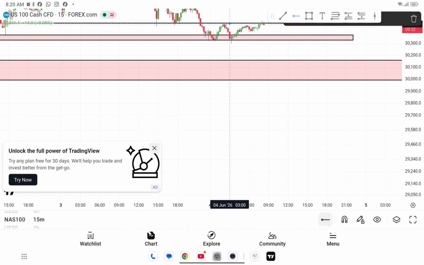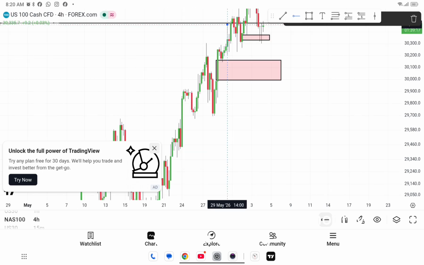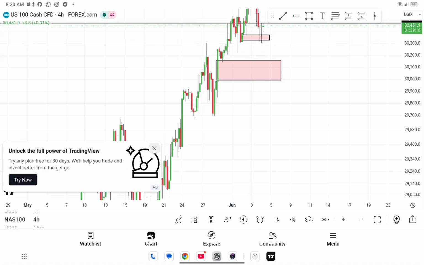So if the market reacts from those zones, then we have a trade. But if we did not see a tap in, or we didn't see any fair value gap, then we let the market go. So that's why, even when I saw this, I still did not take this trade. I did not enter because these are not my ways of trading.